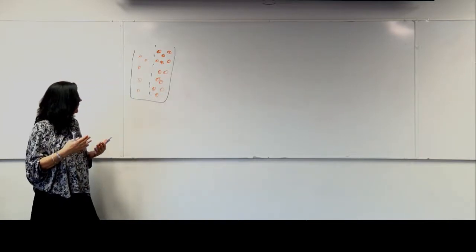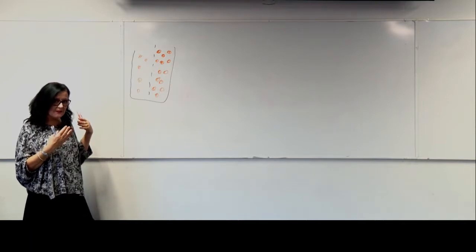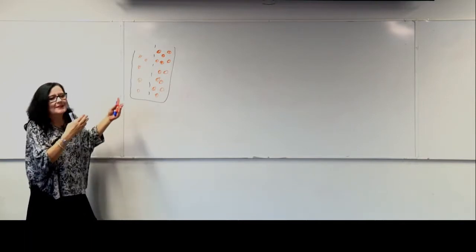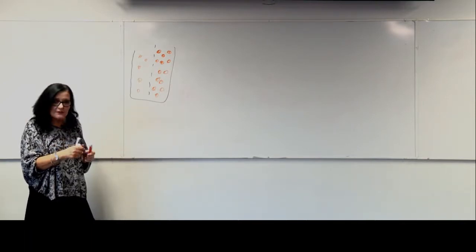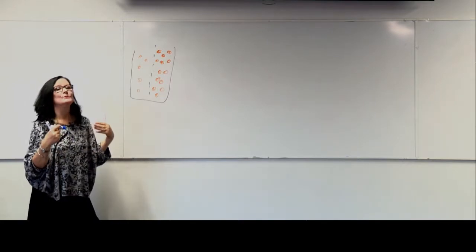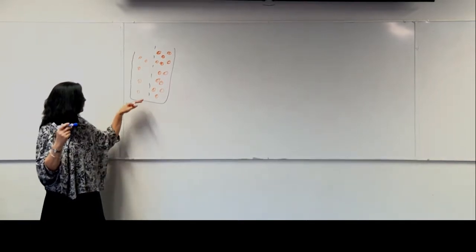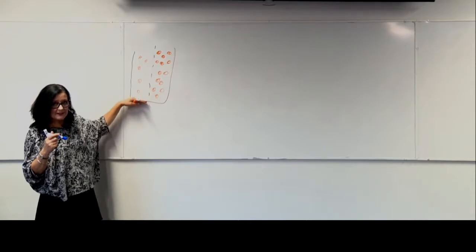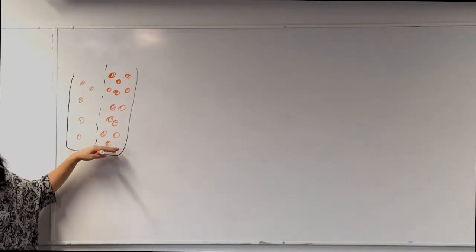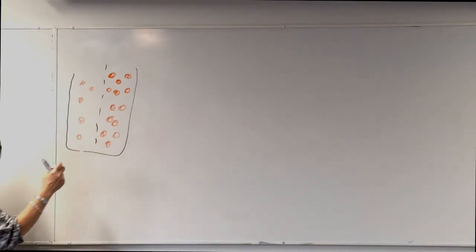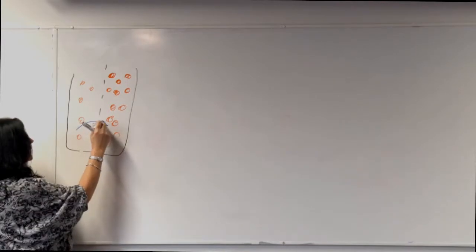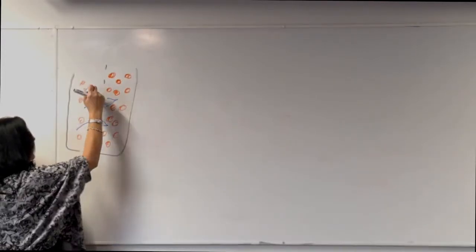Which way is our osmotic gradient? Remember the glass of squash. Water is going to move to dilute. So it's going to move from an area of low osmolarity to an area of high osmolarity. So water is going to move that way.